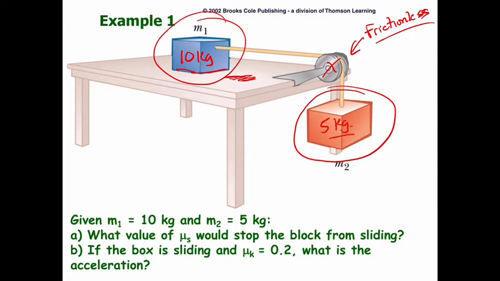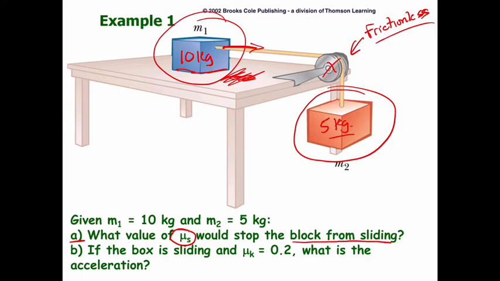Now you know, just from being a person, that if this was like ice and the coefficient of friction was super low, a weight of 5 kilograms and a mass of 10 would cause this to slide across the table. Well, in part A, it's asking what coefficient of static friction would stop the block from sliding.